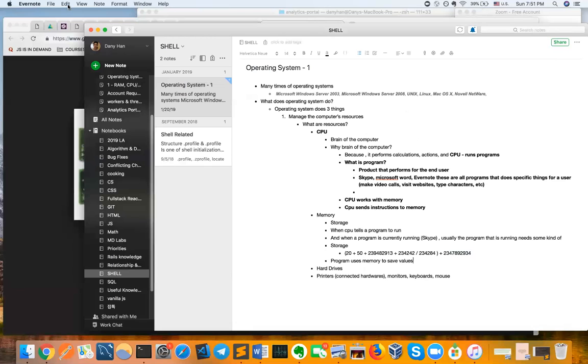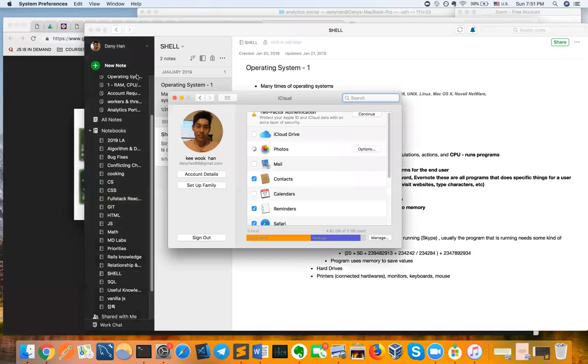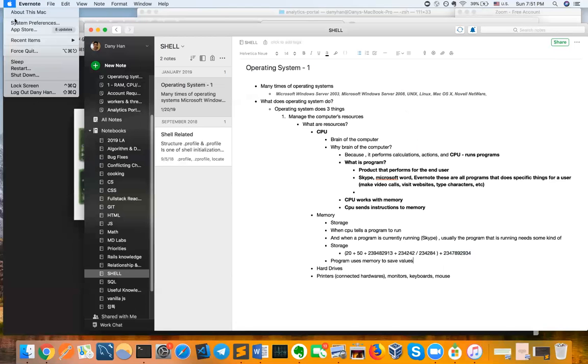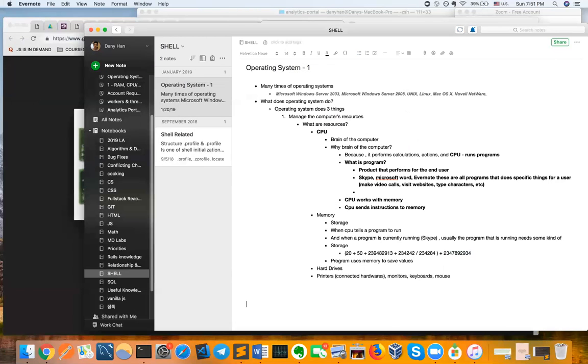So when you buy a computer, say 16 gigabytes, when you have 16 billion bytes of memory, it basically means, if every byte saves a character, like a character is A, B, C, D, E, F, G, right?